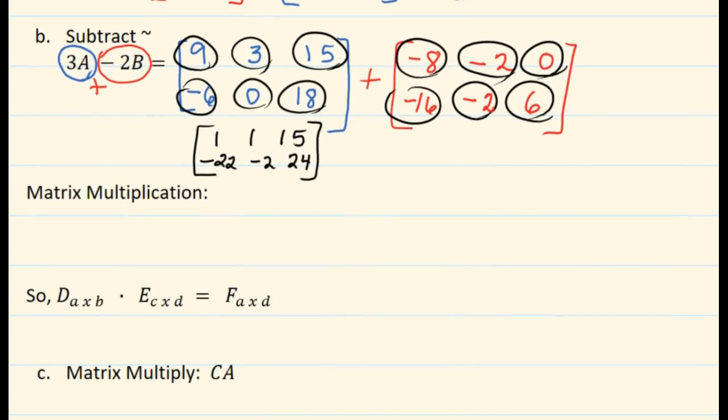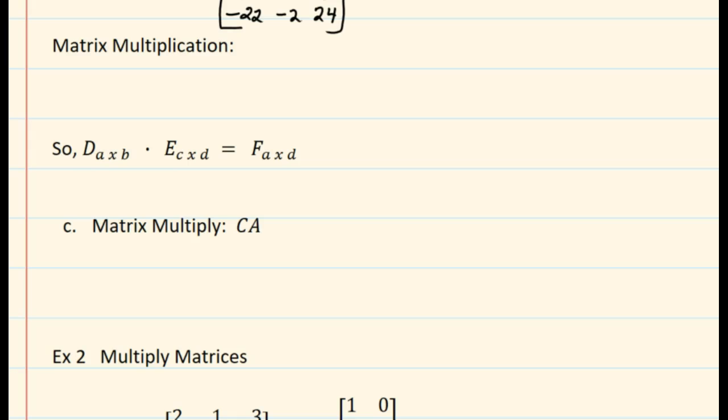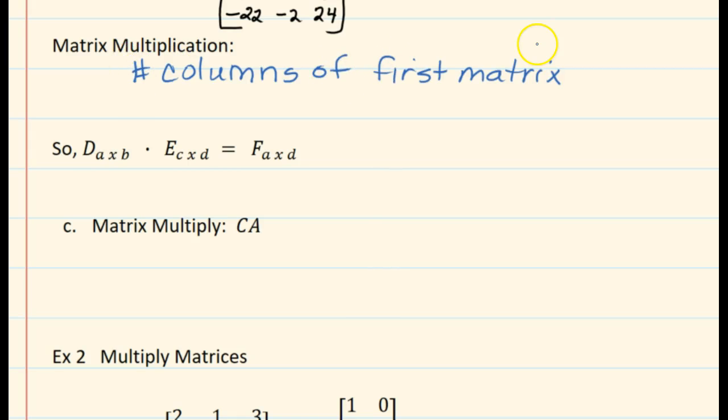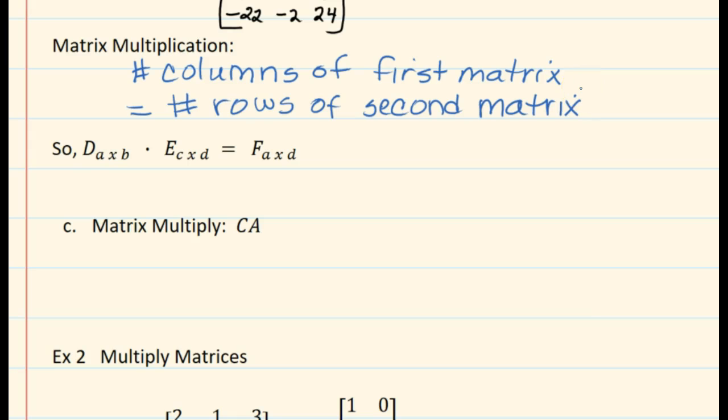Now let's go into matrix multiplication. In order to do matrix multiplication, we actually have to have the number of columns of the first matrix equal the number of rows of the second matrix. Here's a good way to remember it: if I write down the dimensions of my first matrix and the dimensions of my second matrix, these two numbers in the middle actually have to be the same.